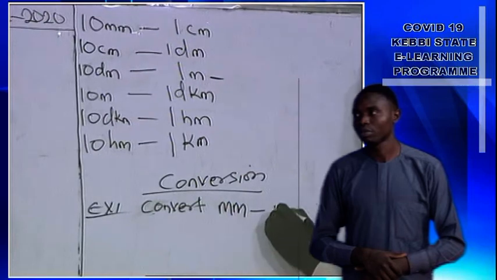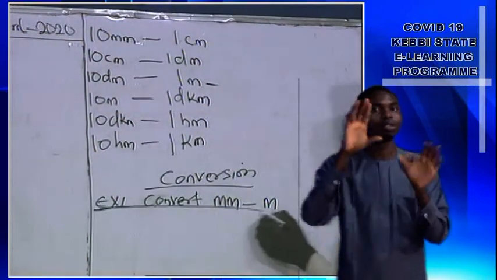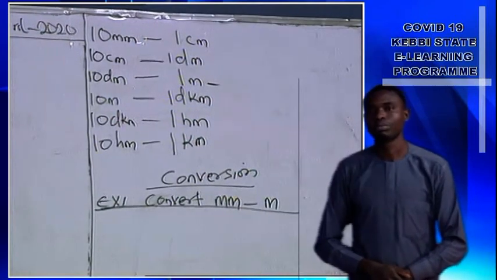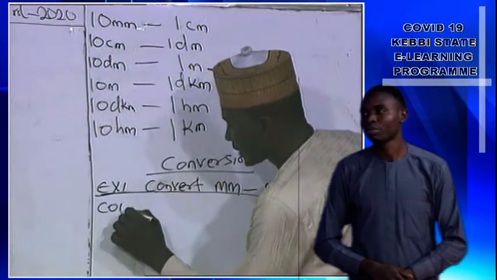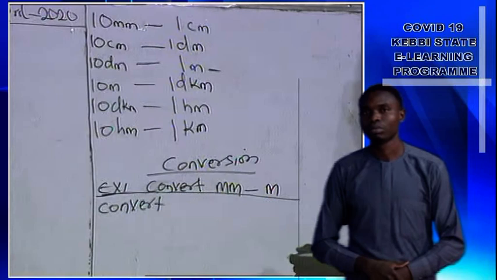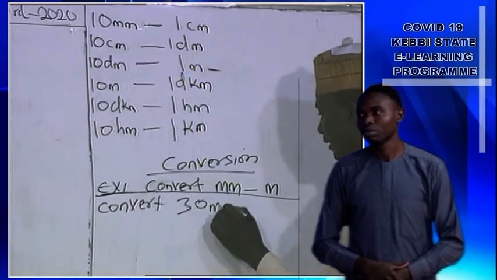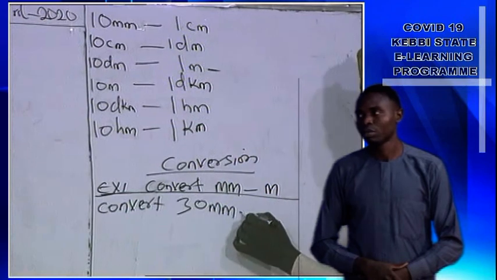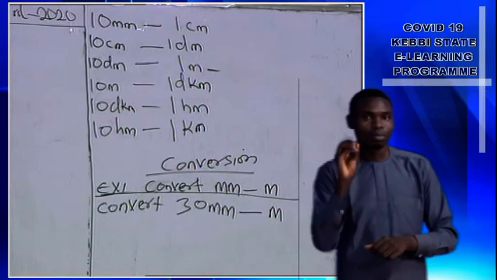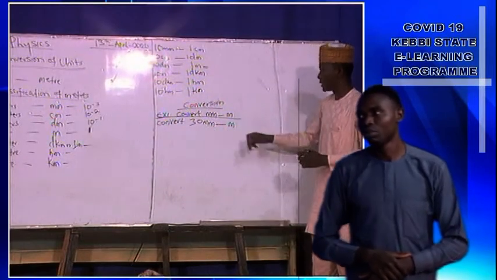Millimeters to meter. Example 1, let us say convert 30 millimeters to meter.